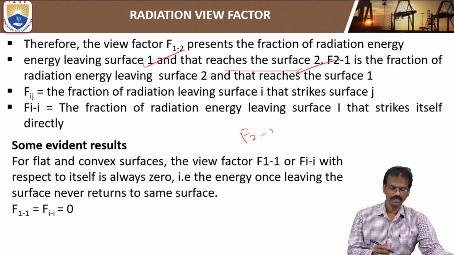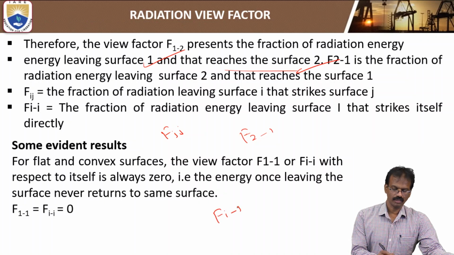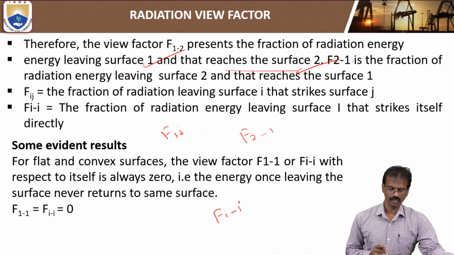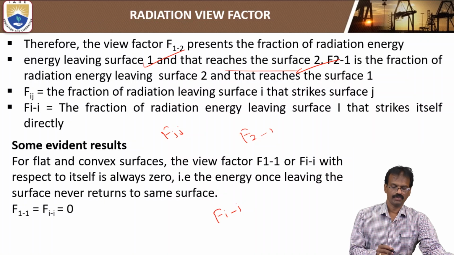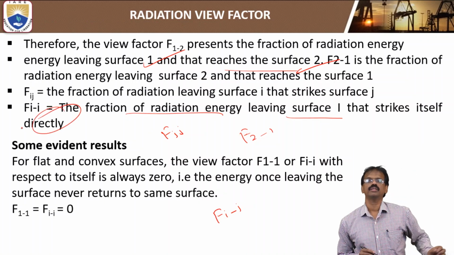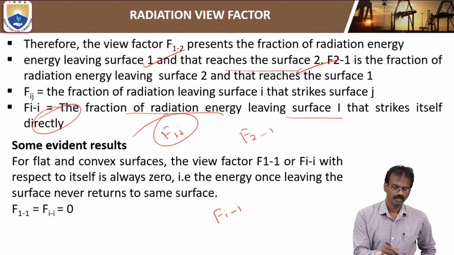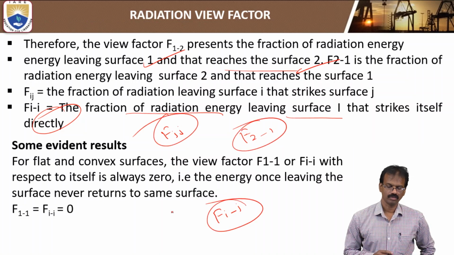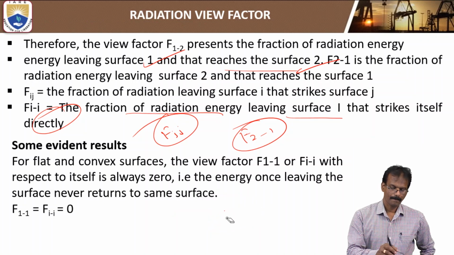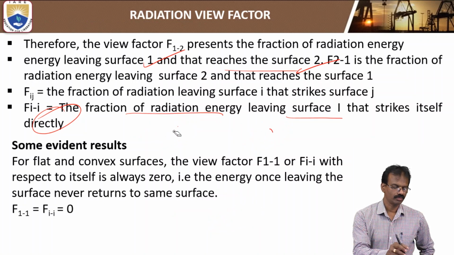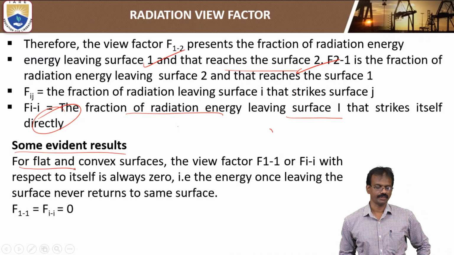So Fij is the energy leaving surface i that reaches j. Fii is the energy leaving surface i that strikes the same surface i directly. This is how you can understand the view factor notation.